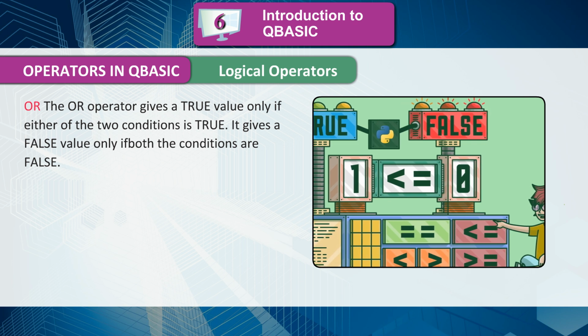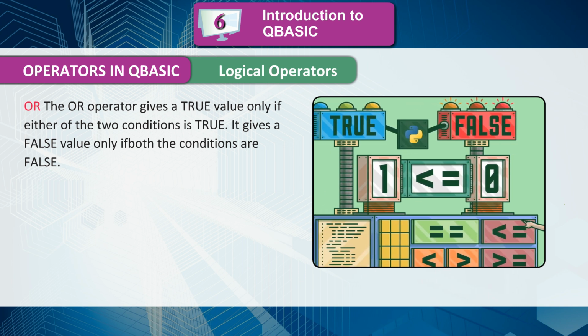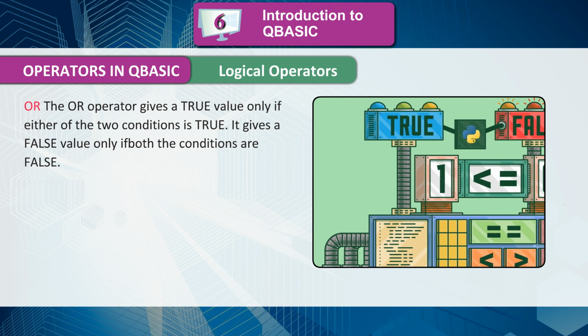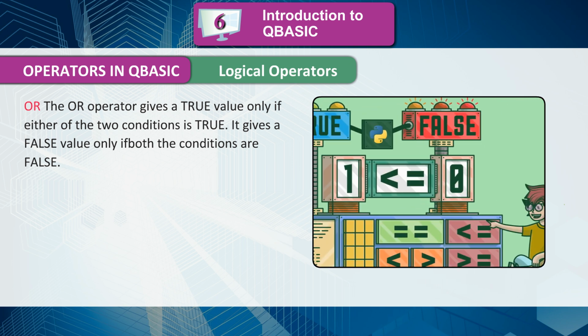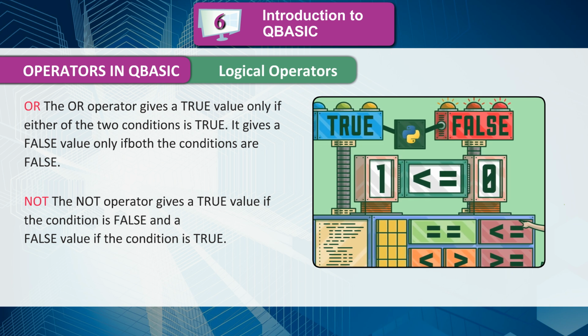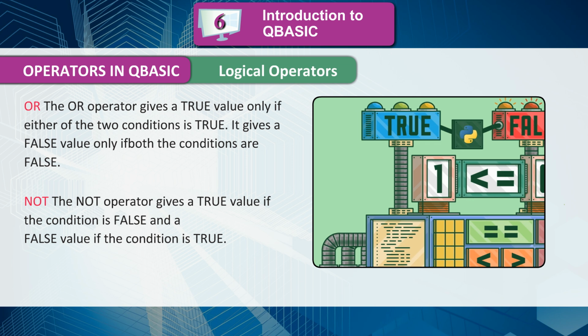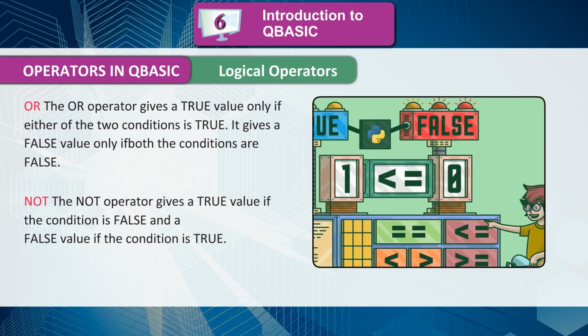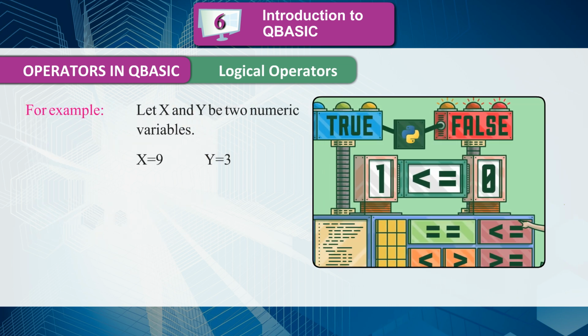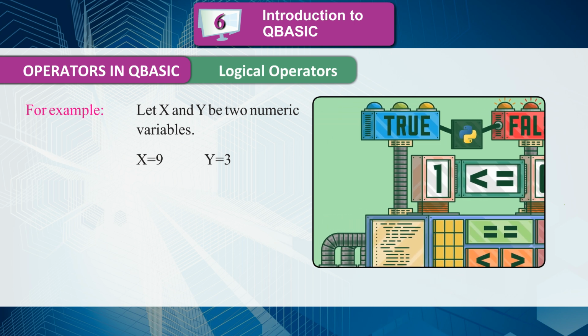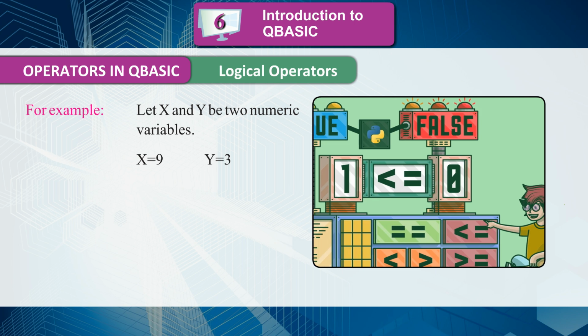The OR operator gives a true value if either of the two conditions is true. It gives a false value only if both the conditions are false. The NOT operator gives a true value if the condition is false, and a false value if the condition is true. For example, let x and y be two numeric variables: x = 9, y = 3.